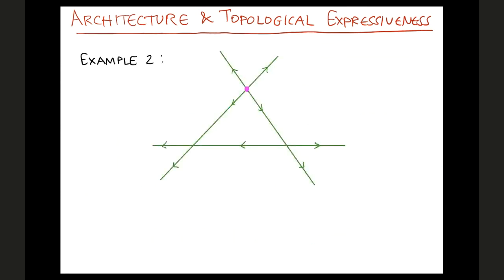Whereas in this simple example where you increase the width by 1, but you have just a single hidden layer, you can get a single critical point of index, I guess, 0.